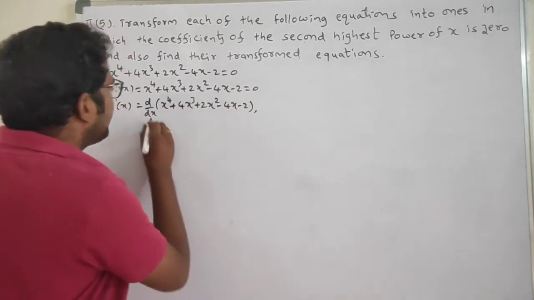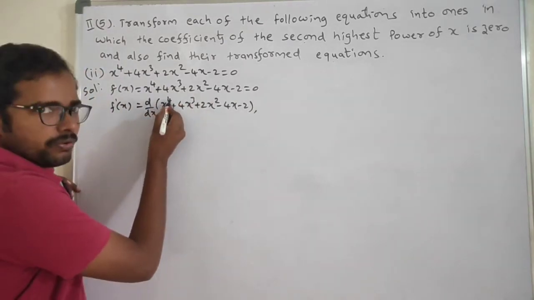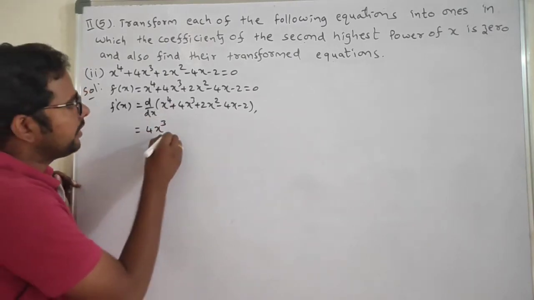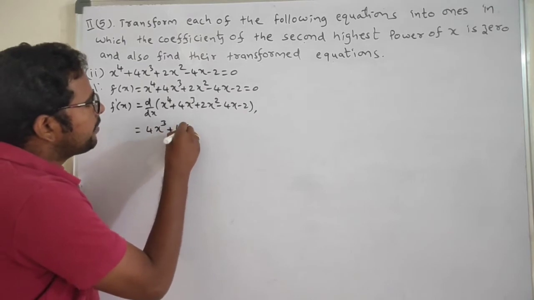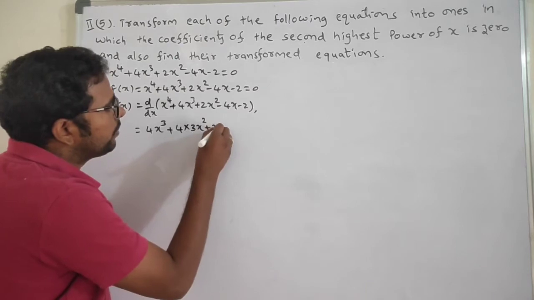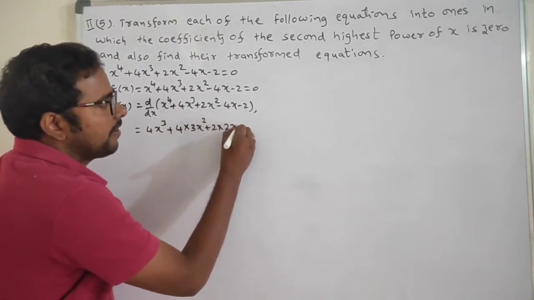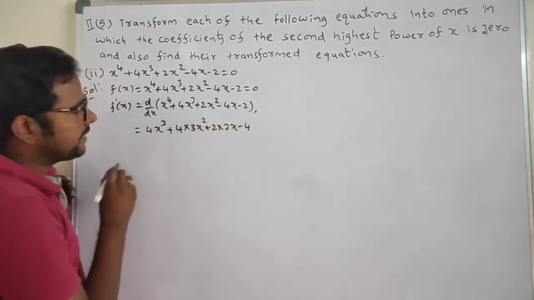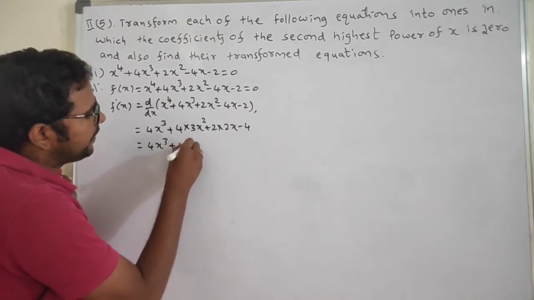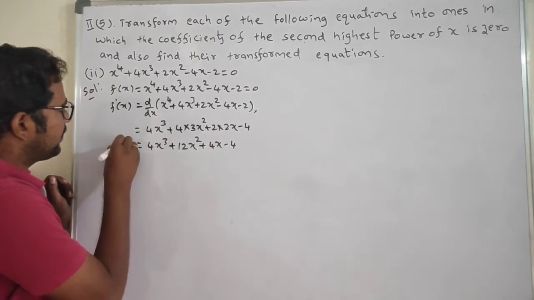So d by dx of x power n formula: n into x power n minus 1. n is equals to 4, so 4 into x power 3, plus 4 into d by dx of x power 3, 3x square, plus 2 into d by dx of x square, 2x, d by dx of x is 1, d by dx of constant is 0. So ఏమొస్తుంది, 4x power 3, 4 3s are 12, 12x square plus 4x minus 4. This is f dash of x.